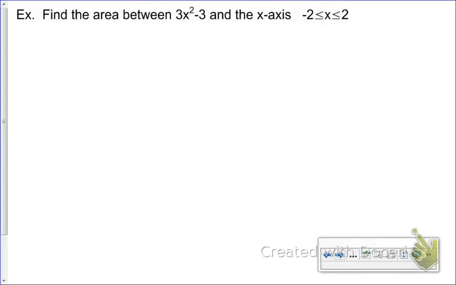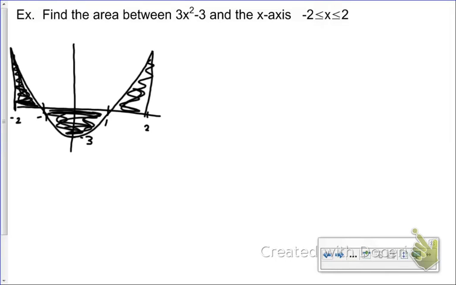First, I want you to graph it between -2 and 2. Find the area between 3x squared minus 3 and the x-axis between -2 and +2. All right, we have our picture of 3x squared minus 3.